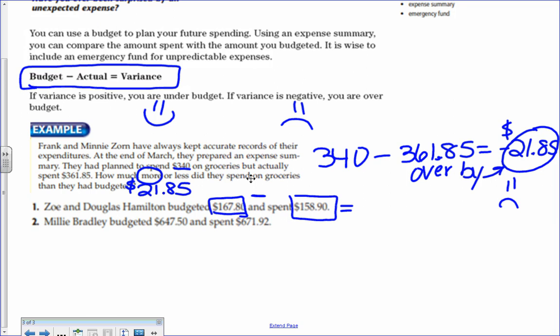So that's a simple plug into your calculator. 167.80 minus 158.90. So we are $8.90, and we are positive. So we are under budget.